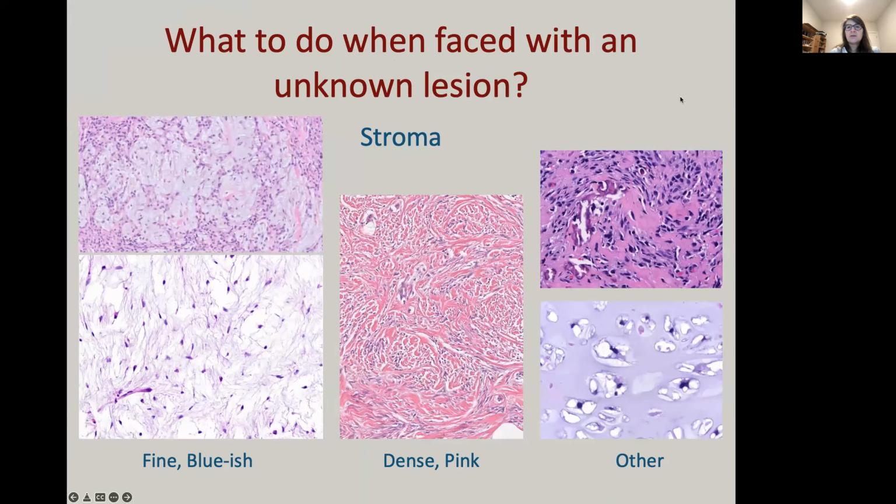When you see a spindle cell or epithelioid tumor with myxoid stroma, you may be thinking of something fibroblastic or myofibroblastic, like a quote unquote myxoma. If the myxoid matrix is a little bit more dense, you may be thinking of something like connective tissue mucin that could be present in a myoepithelial tumor.